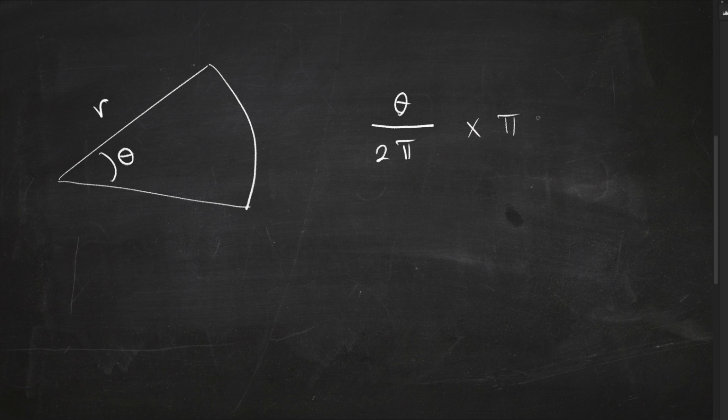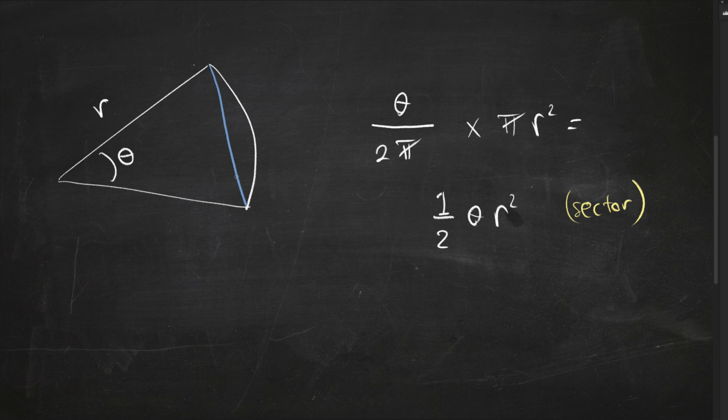Then you times it by pi r squared. The pi's cancel and you get this nice little formula, a half theta r squared, for the area of a sector. That's A-level stuff if you ever did A-level maths. And then you've got this segment, this little guy here. How do you get that? Well, you can see how this segment is the sector minus the triangle.